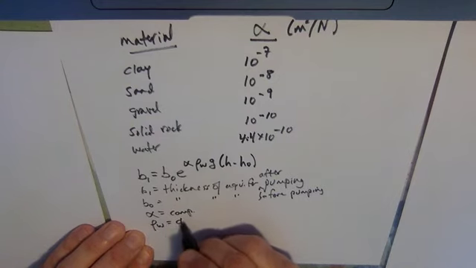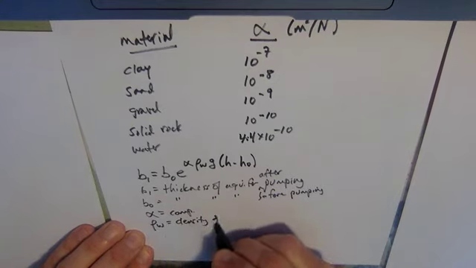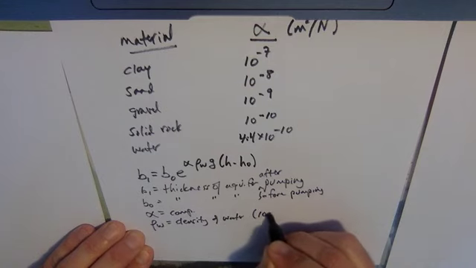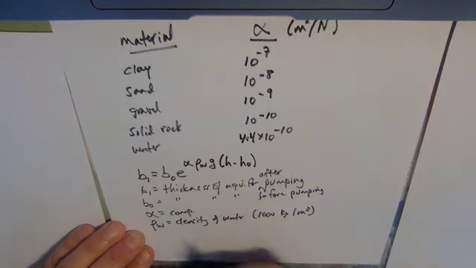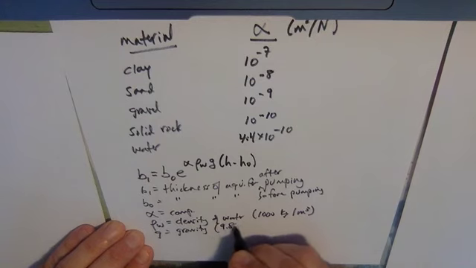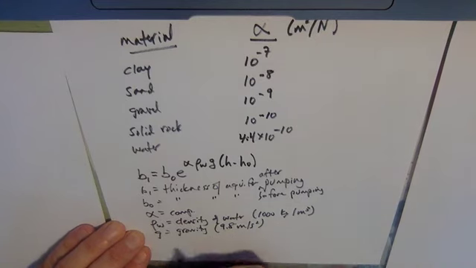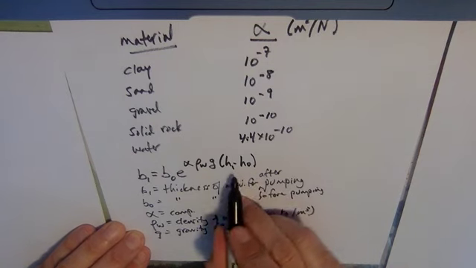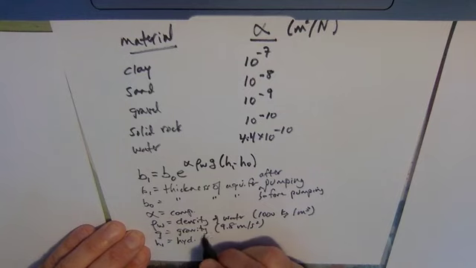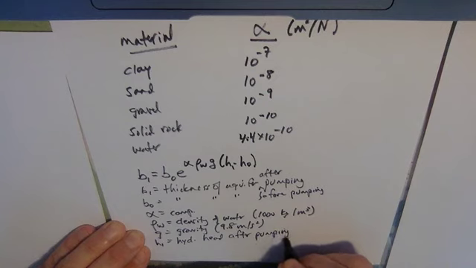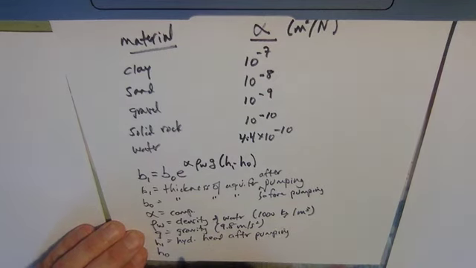Rho w is the density of water, which is 1,000 kilograms per cubic meter. g is gravity, which is 9.8 meters per second squared. Sorry, that's supposed to be h1 there. h1 is the hydraulic head after pumping, and h naught is the hydraulic head before pumping.